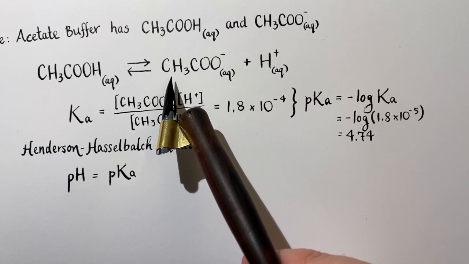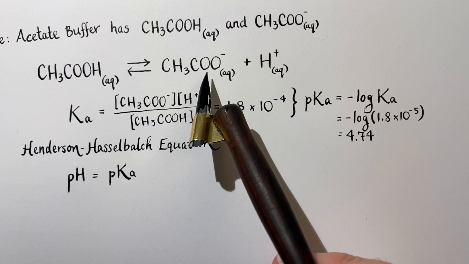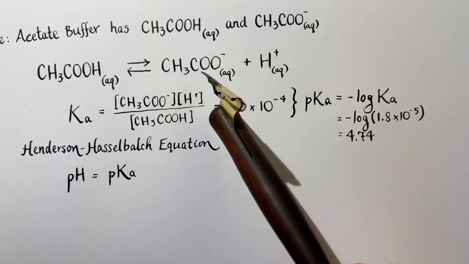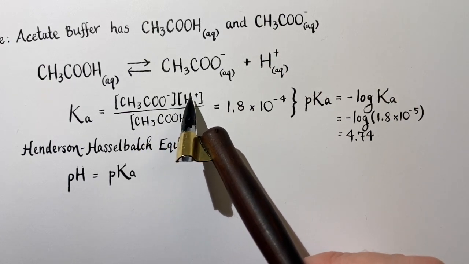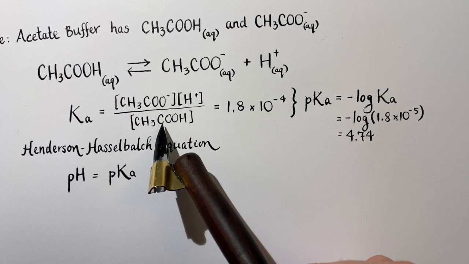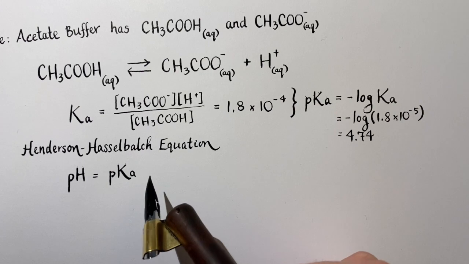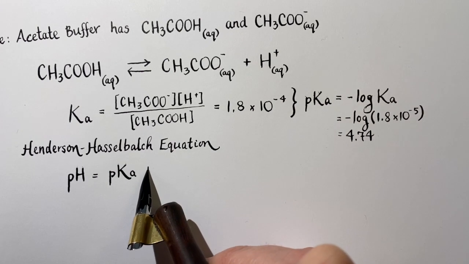So if you put in your conjugate base, LeChatelier's principle says we're going to go backwards, right? So that means we will have less of the products, more of the reactants, okay? Have a little bit different ratio there.